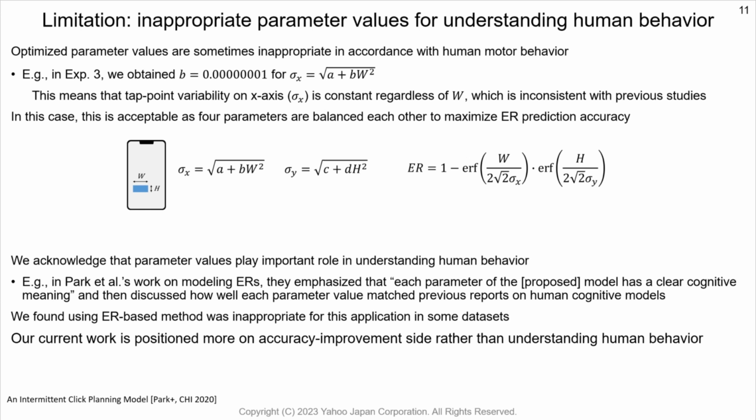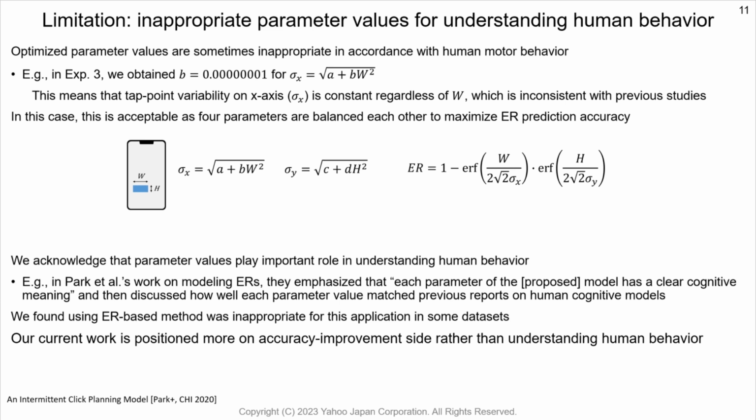However, the ER-based method has a clear limitation that the parameter values are sometimes inappropriate in accordance with human motor behavior. For example, in experiment 3, we obtained B equals almost 0. This means that the tap point variability on the x-axis is constant regardless of the target size W, which is inconsistent with previous studies.